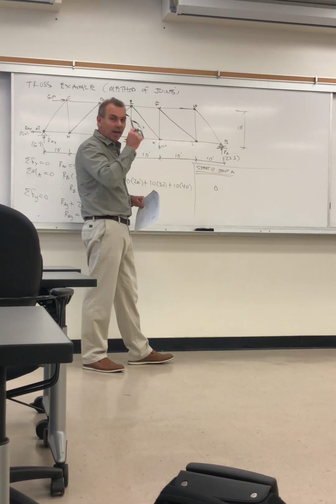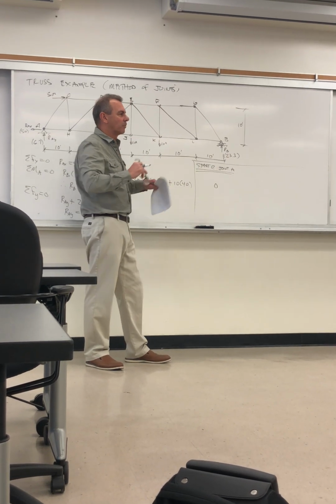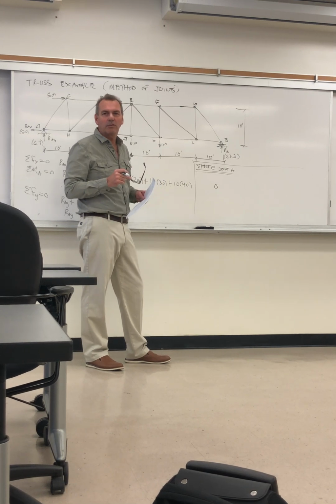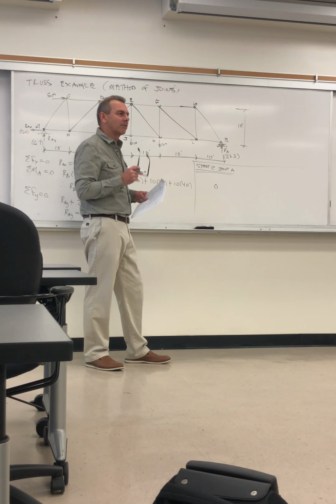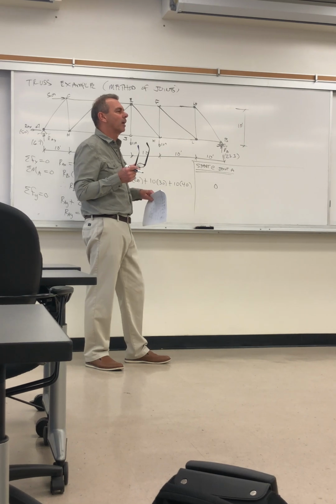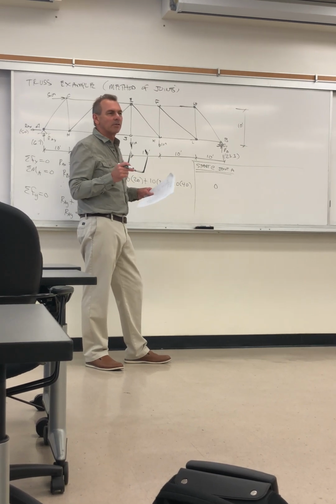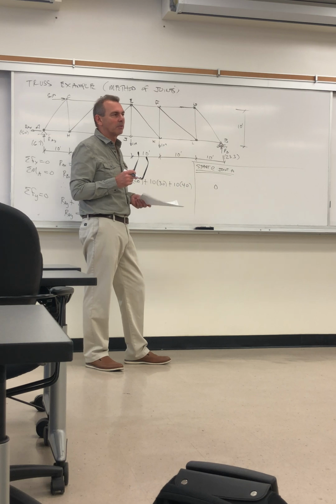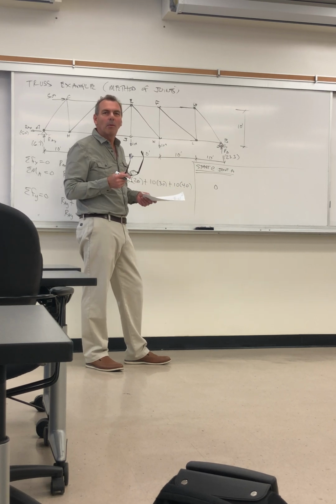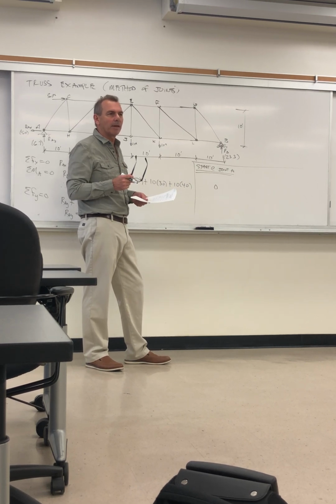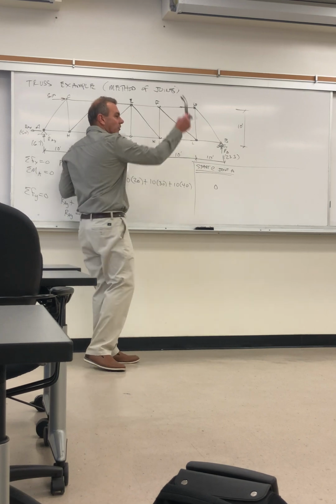So now we're going to do statics joint by joint, instead of statics of the structure as a whole, right? Which is a little different in the sense that we only have 2 equations available to us. Summation of forces in the X is 0 and summation of forces in the Y. There's no moment at the joint, so we're not summing moments, okay? We only sum moments for the structure as a whole.